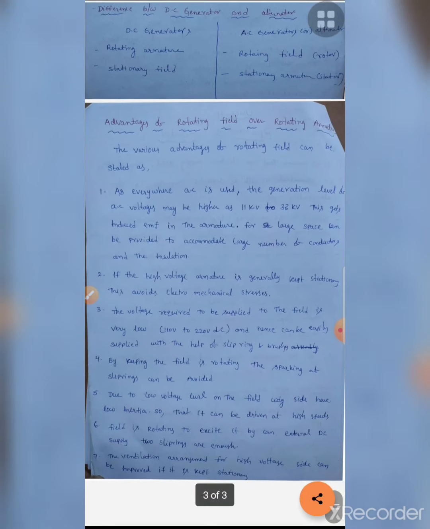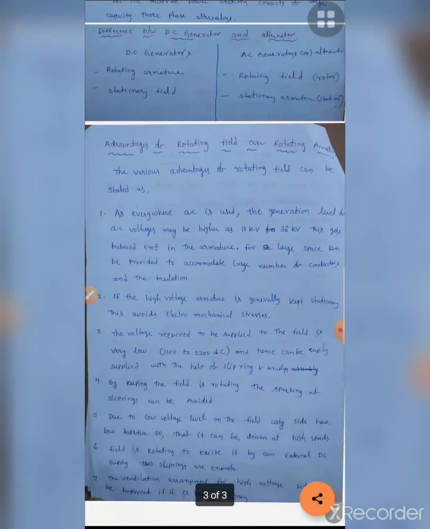Due to the low voltage level, the field side has low inertia, so that it can be driven at higher speeds. If the field is rotating, to excite it by an external DC supply, split rings are enough. The ventilation arrangement for the high voltage side can be improved by keeping it in stationary form.